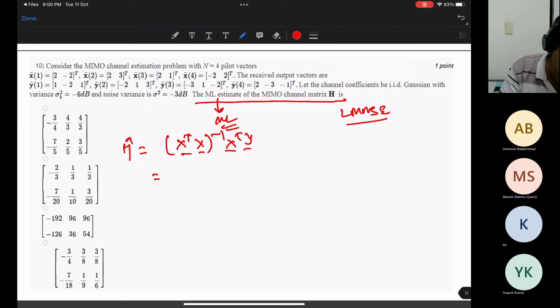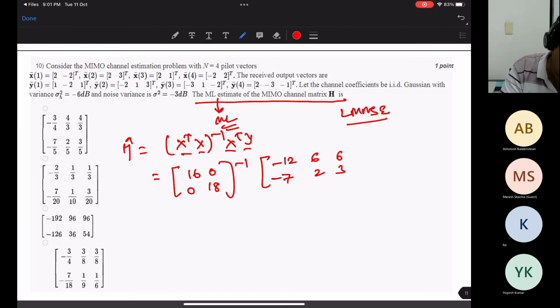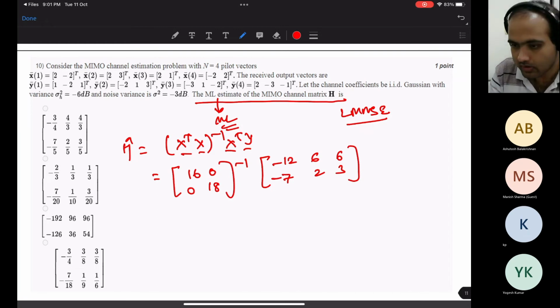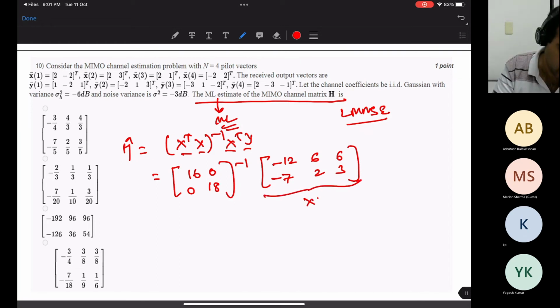And what is this? X transpose X is 16, 0, 0, 18 inverse, and X transpose Y is -12, -7, 6, 2, 6, 3. If you multiply them, you will get this.